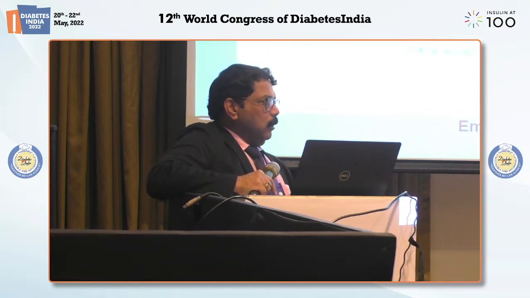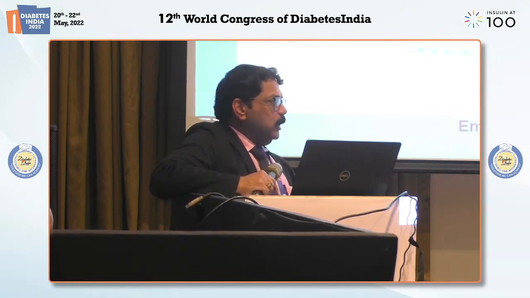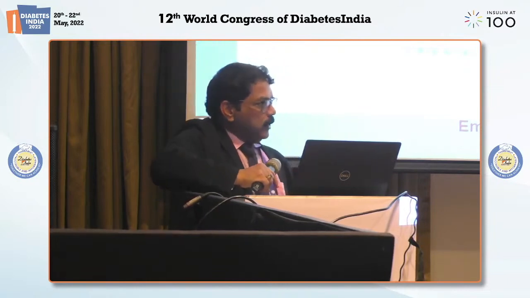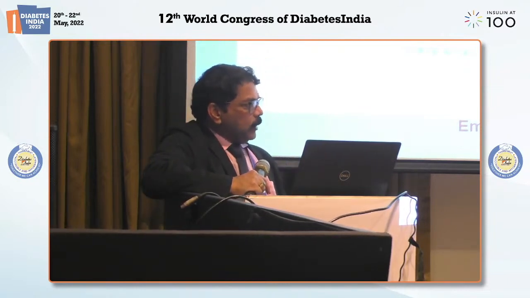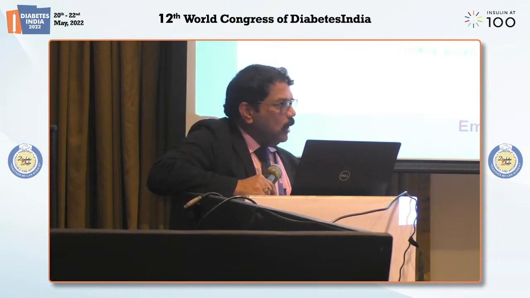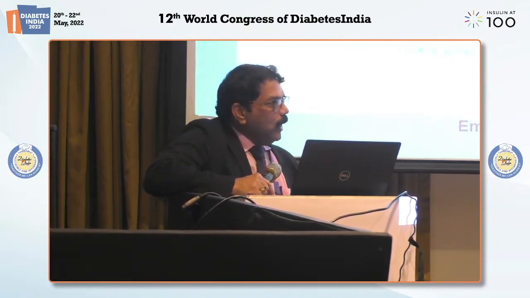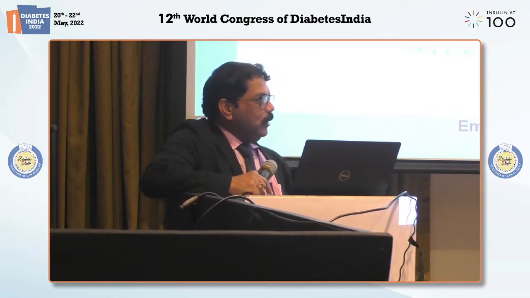The same happened with teneligliptin. Teneligliptin became the most prescribed gliptin worldwide because of Indian patients and because of affordability. A similar scope was there, but by this time a few gliptins have become off patent, and they are becoming available in a similar price range. So they have become competitors.